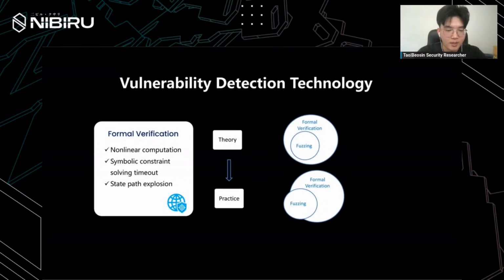And for complicated programs, when we analyze the execution paths, there may be many of them, which leads to state path explosion.